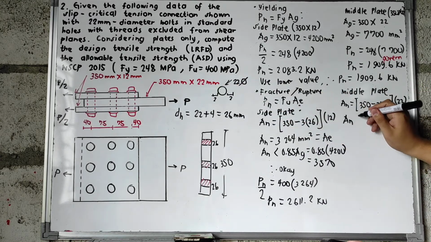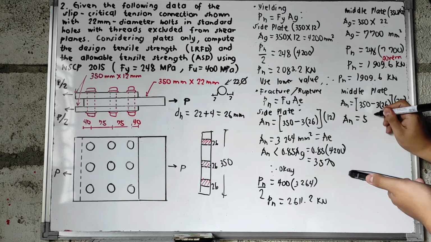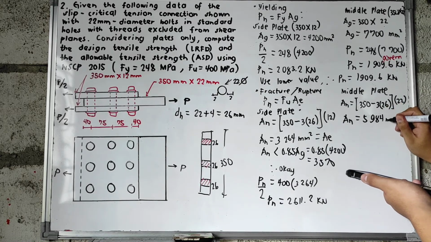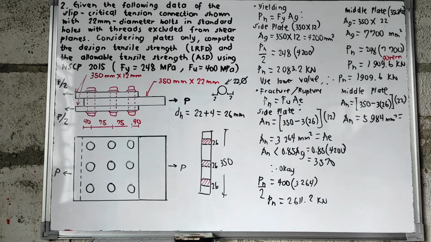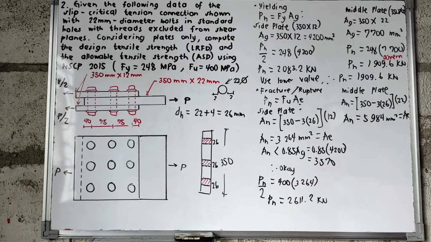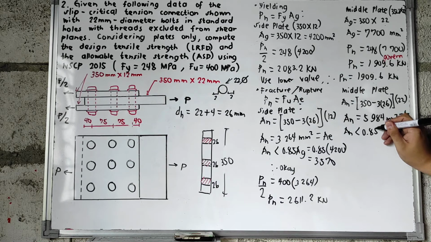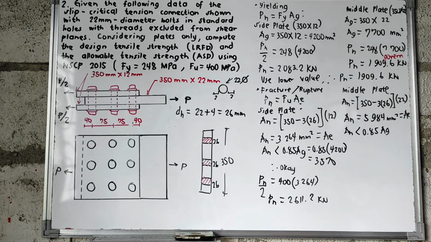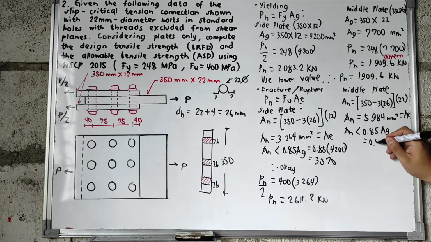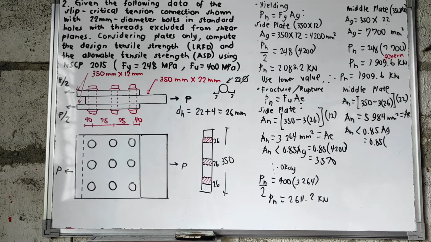So, the value of your A sub n is now equal to 5,984 mm squared. So, for this problem, let's say A sub n is equal to A sub e, wherein yung A sub n mo dapat, that must be less than 0.85 of Ag, wherein yung value natin dito, 0.85 multiplied by Ag, dito sa middle plate natin, which is equal to 7,700.